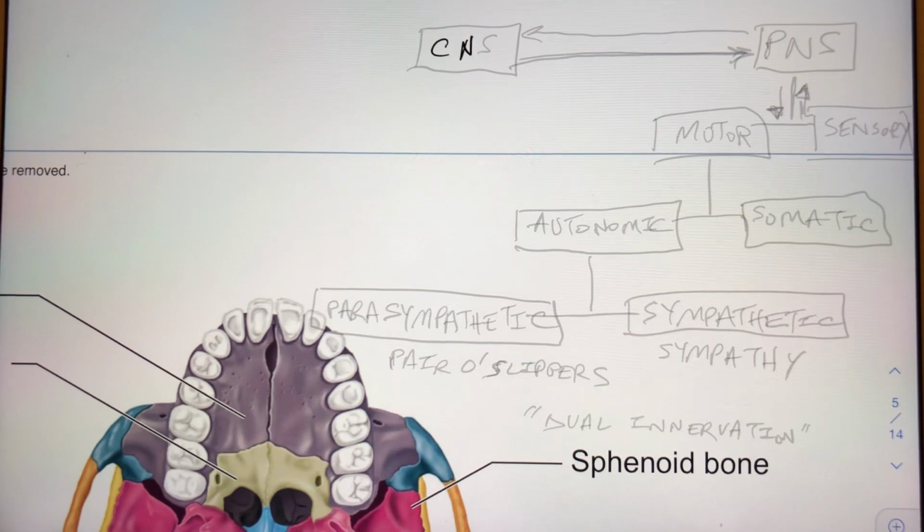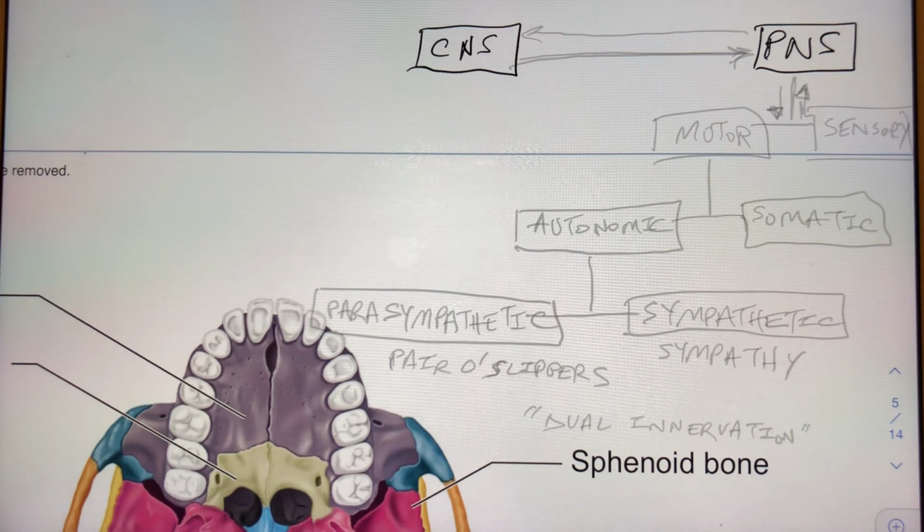Okay, central nervous system, peripheral nervous system. They have to be able to communicate, because the central nervous system interprets and plans, but it can't actually detect stimuli, nor can it command effectors directly. It needs the bridge of the peripheral nervous system in order to do that.